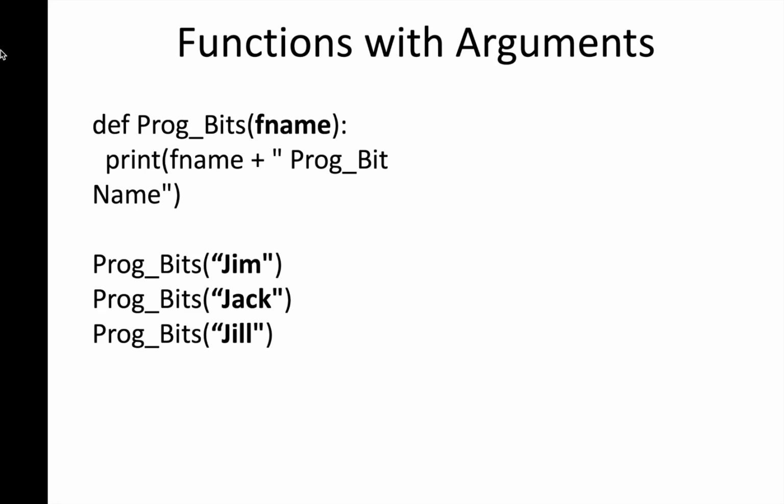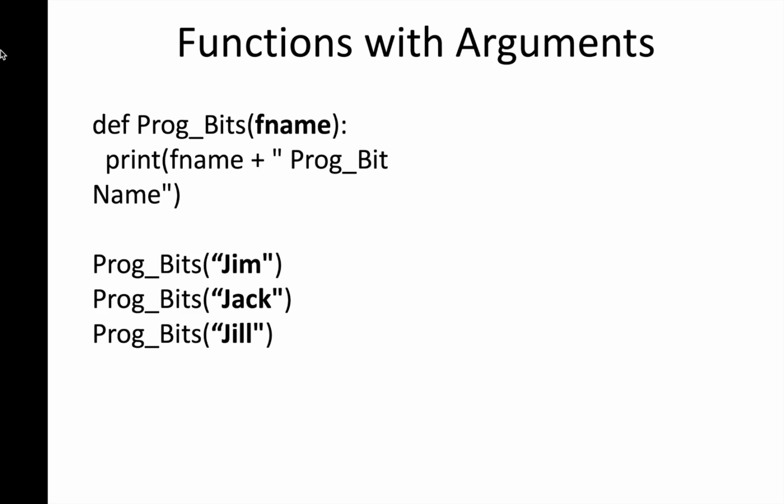So the program output will be Jim prog_bit_name as the first output, and for the second one Jack prog_bit_name will be the second output, and third, Jill and Jill prog_bit_name will be the third output.